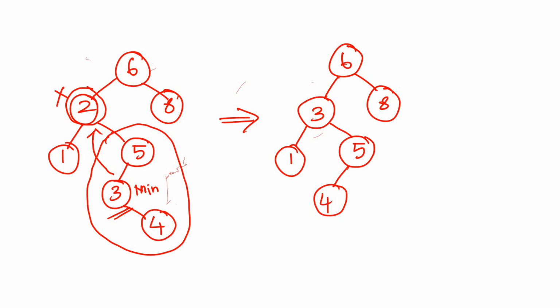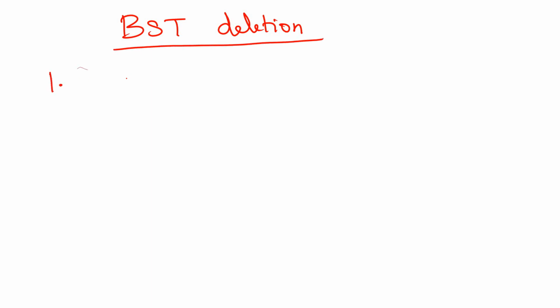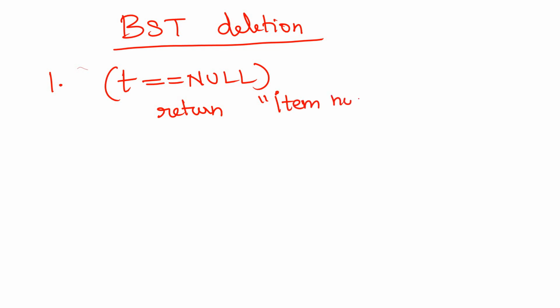We will see how we can write this in an algorithm. So BST deletion. So my first condition will be when the tree element equals null, then I have to return item not found. When the t pointer is null, item not found.